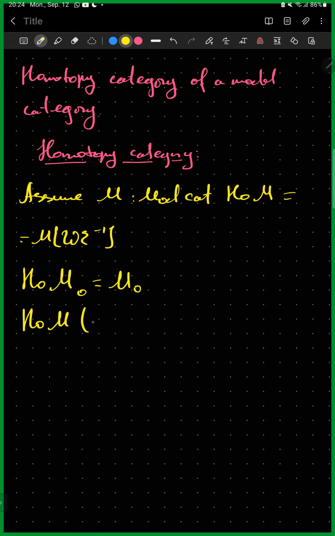So the set of morphisms between two objects consists of various zigzags like this, where the arrows that go backwards belong to weak equivalences.